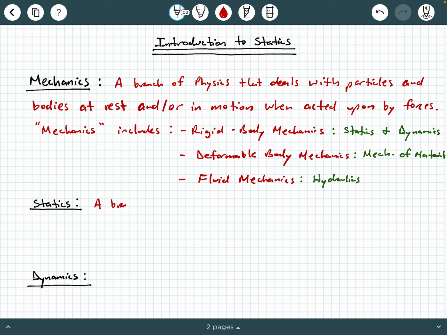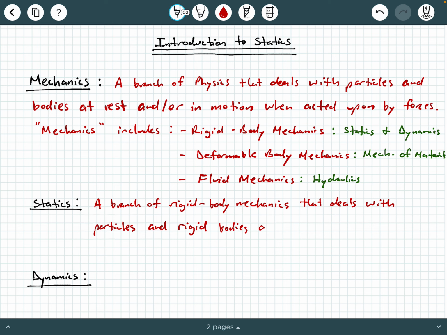So I'm going to say a branch of rigid body mechanics that deals with particles and rigid bodies at rest or with constant velocity.